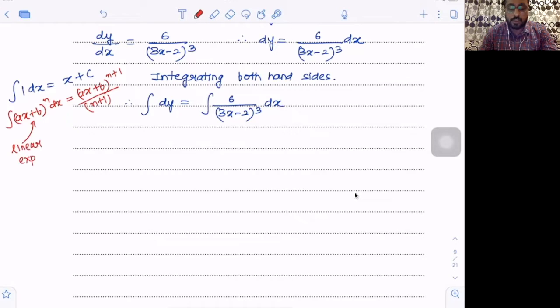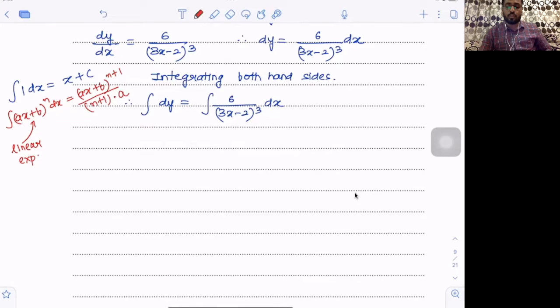It works like x. So if you know the integration of x raised to n, which is x raised to n plus 1 upon n plus 1, so the integration of ax plus b raised to n will also become ax plus b raised to n plus 1 upon n plus 1. But the only thing that you need to care over here is you need to divide the entire answer by the coefficient of x, which is a. So this entire answer should get divided by a. So I can simply write into a.